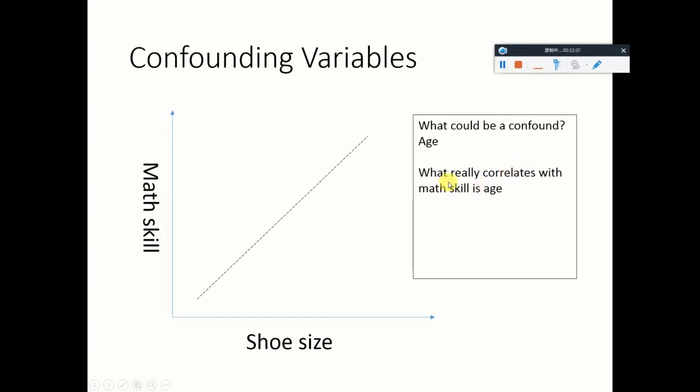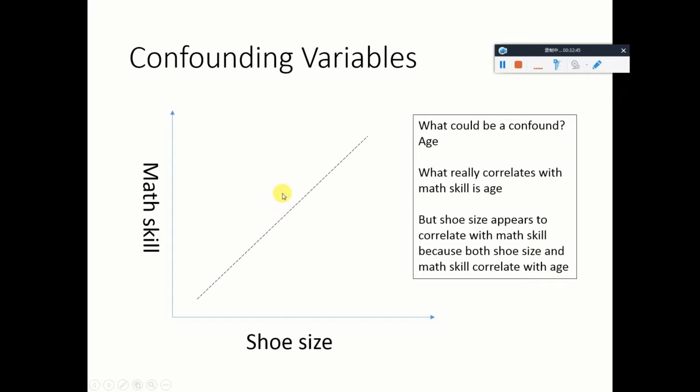So that means what really correlates with math skill is actually a person's age. It just so happens that as you grow older, your feet will also become larger, and as a result, you wear bigger shoes. So that's the reason we can observe a correlation between shoe size and math skill.